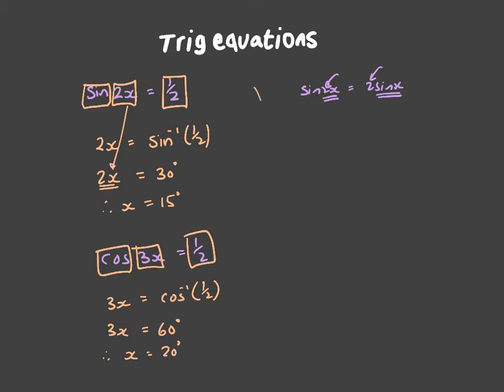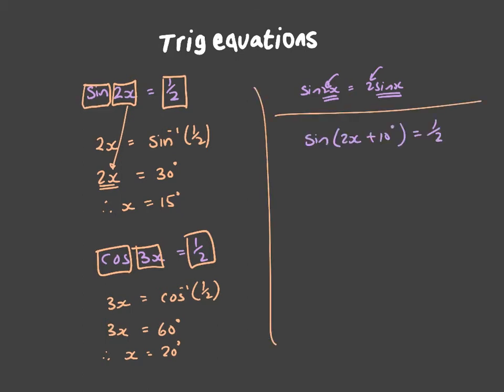So, let's do another couple of them. All right, let's turn up the heat here. So if I've got sine of 2x plus 10 degrees is equal to a half, how does that change it? Let's see. We've got a trig function, we've got an angle, and we've got a ratio. That's not bad. So how do you find the angle?